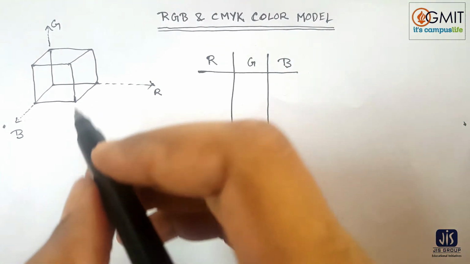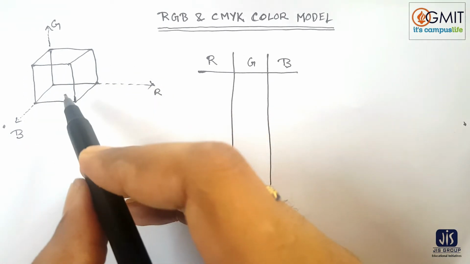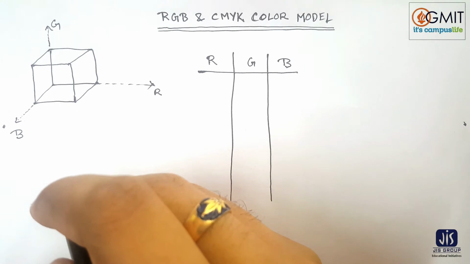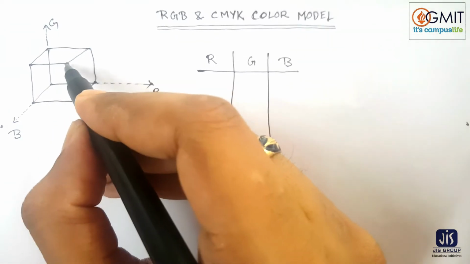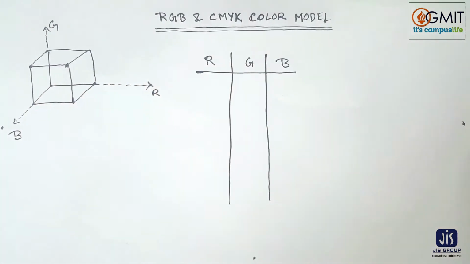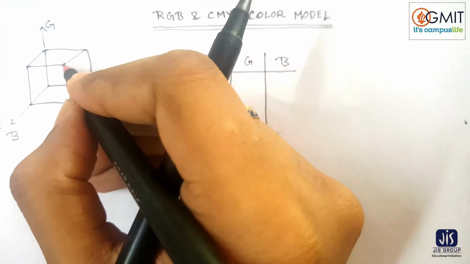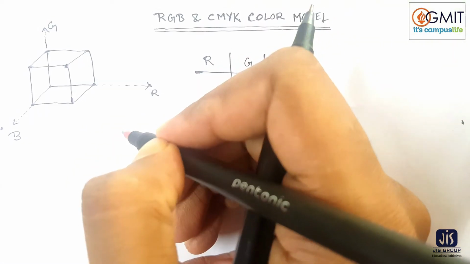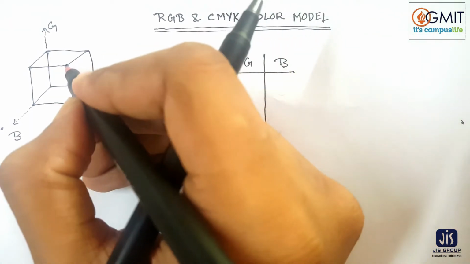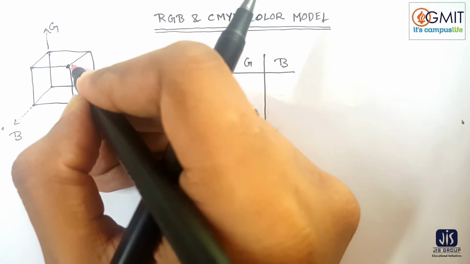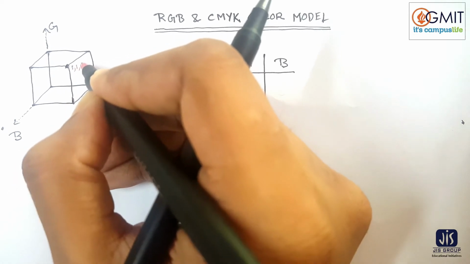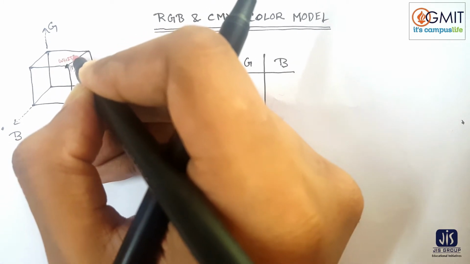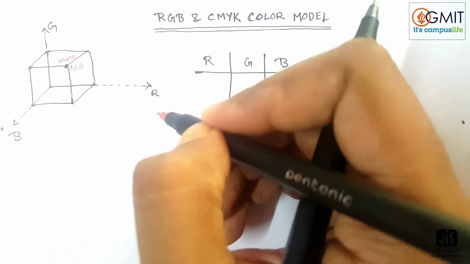Now, from this block or cube, which point is totally visible, or in front of your eyes? This point. This point is totally visible. So we can say this point's coordinate is 1, 1, 1, or this is white, because this is totally visible in front of your eyes.